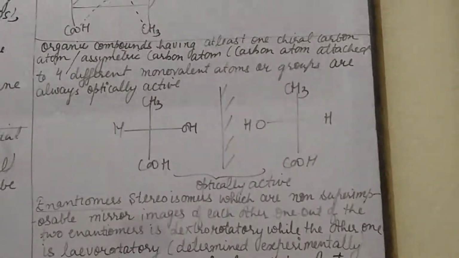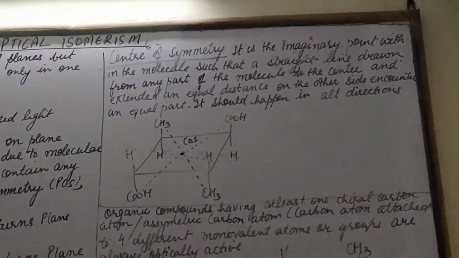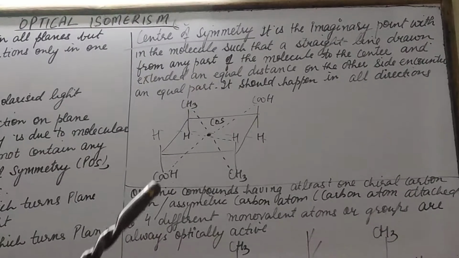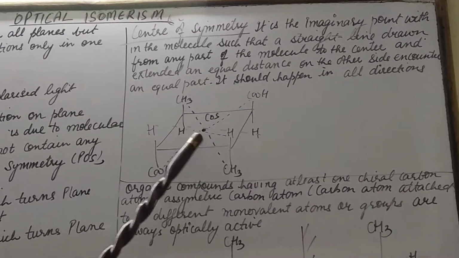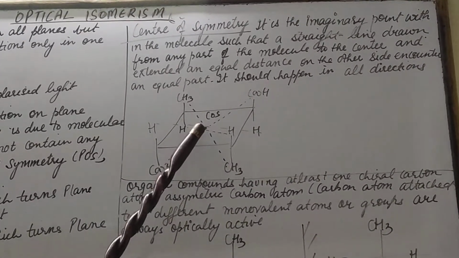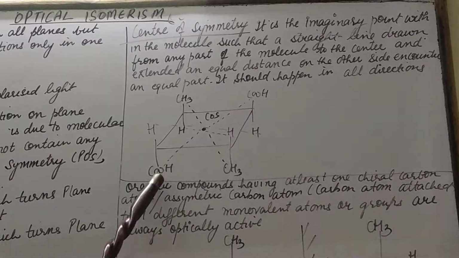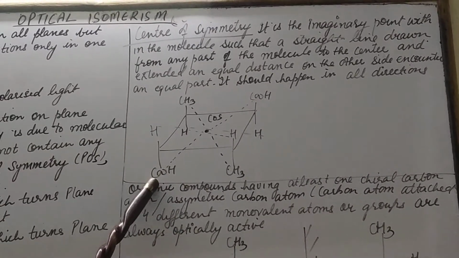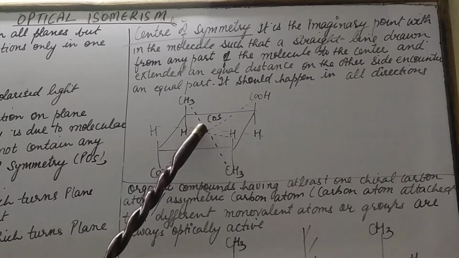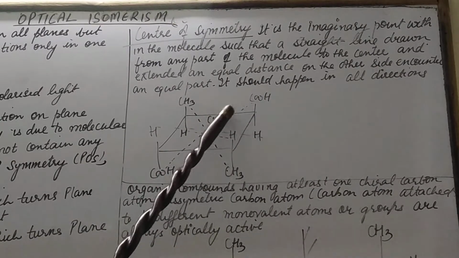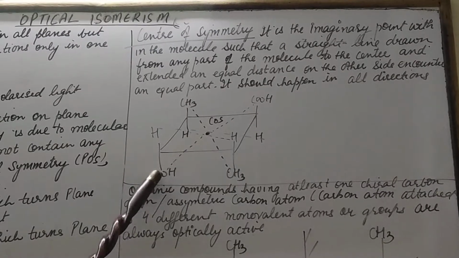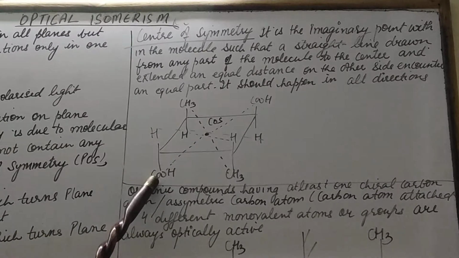Now let's consider the second part, center of symmetry. Center of symmetry is a point. It's an imaginary point from which if we move an equal distance in opposite directions, we will encounter the same atom or groups. Like, from this point, if I move in this direction, here we have a carboxylic group. I move in the opposite direction, here also I have a carboxylic group.